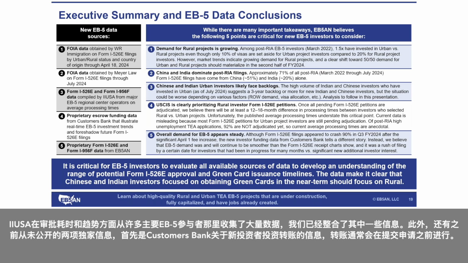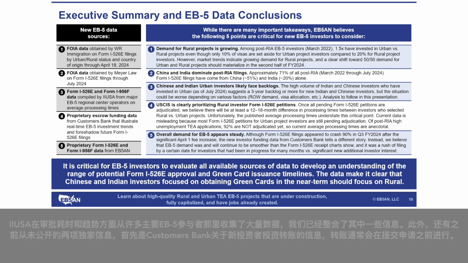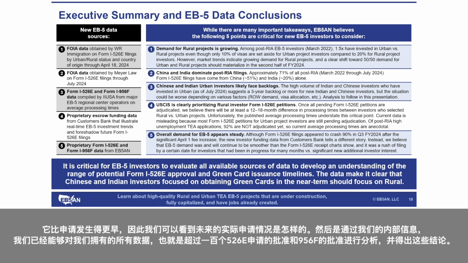Additionally, there are two pieces of proprietary information that have not been seen before. First is the Customers Bank wire information of just how new investors are wiring, which typically lags filings. So we're able to see what the future looks like in terms of filings that are going to be submitted. And then internally, we've been able to analyze all the data that we have of our well over 100 5260 approvals, 956F, and get to these conclusions.